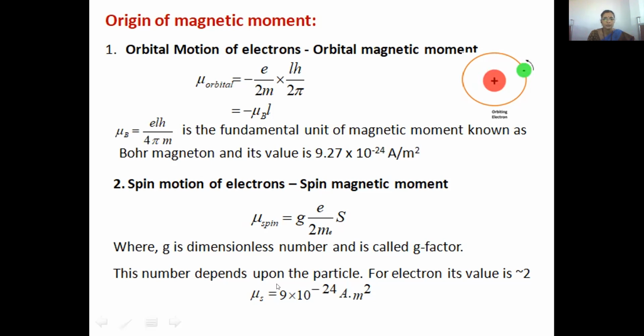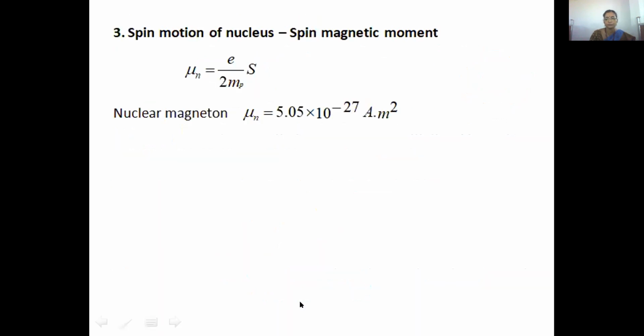Here e is the electron charge and me is the mass of the electron. The spin magnetic moment mu s equals 9 into 10 power minus 24 ampere meter square.